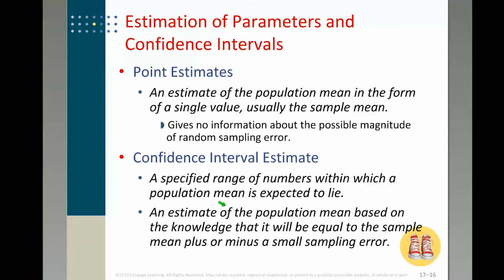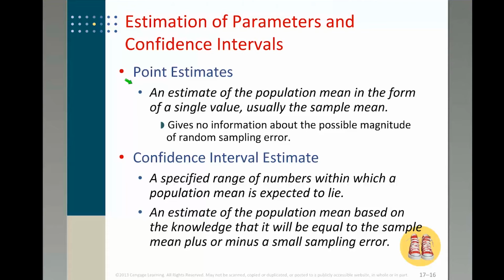What is a confidence interval? Here's the idea. We first start with something called a point estimate. A point estimate is an estimate of the population mean in the form of a single value, usually the sample mean. If you want to estimate the population mean, the best thing is to draw a sample and get the sample mean. The sample mean is regarded as a point estimate because it's just a single value.